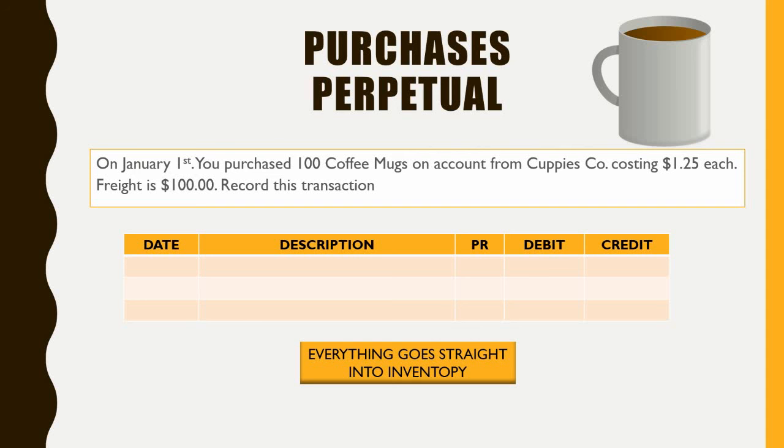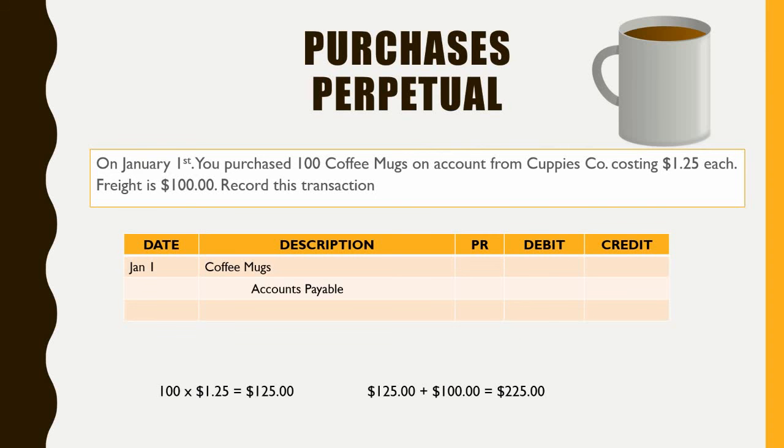Perfect, because everything's going to go into inventory. I specified exactly what I'm buying, so I should refer to it here as coffee mugs. Everything's going into inventory, so my purchase price plus my freight is all going into inventory for $225.